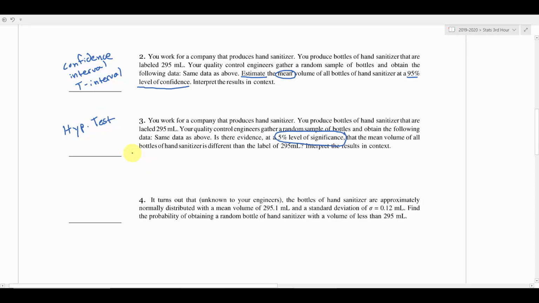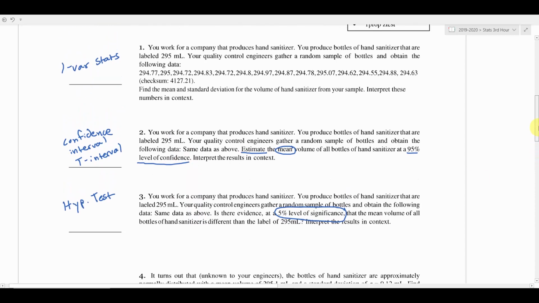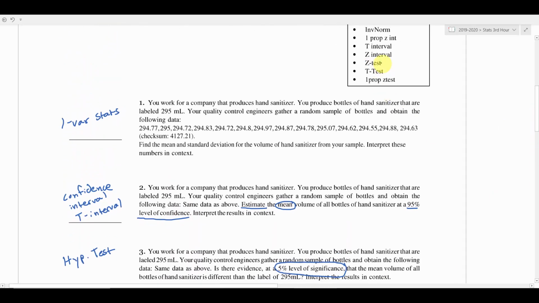And the question is, what hypothesis test are we going to use? So if I go back up and look at my options box here, you'll see 3 different tests that we learned about this semester: a z-test, t-test, and a one-prop z-test. The z-test and the t-test are for means. The one-prop z-test is for proportions. And we are testing the mean, according to this problem.